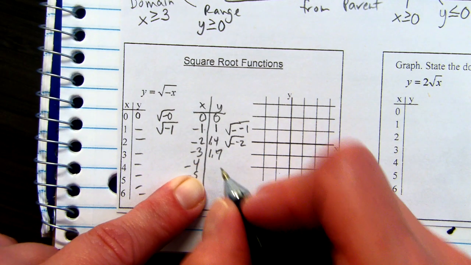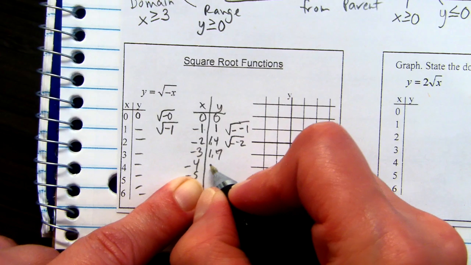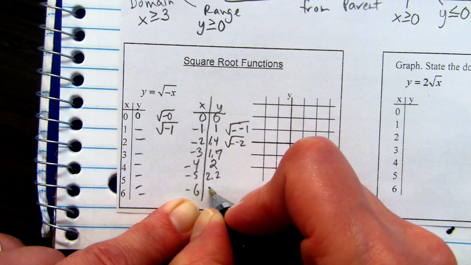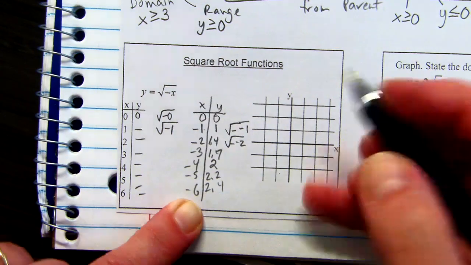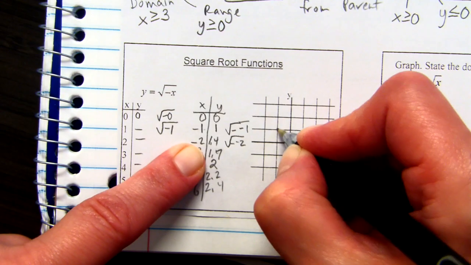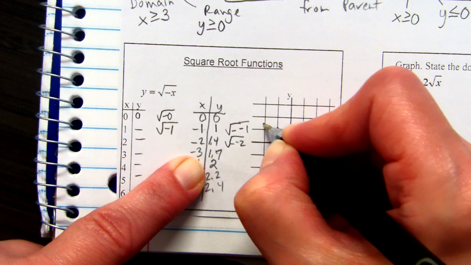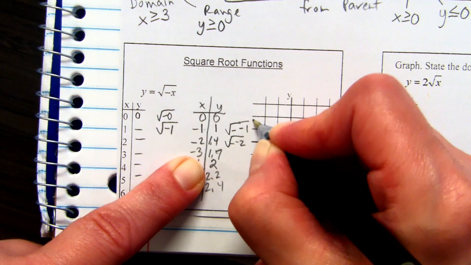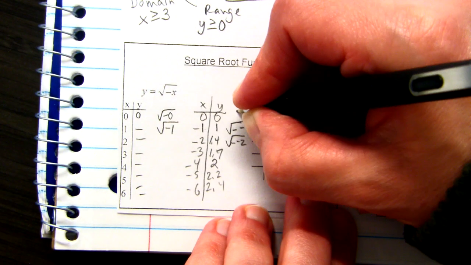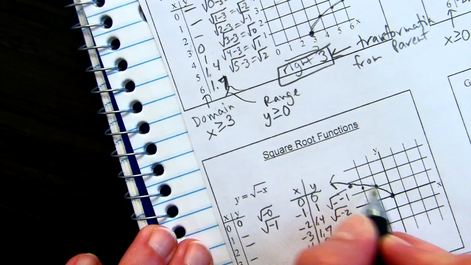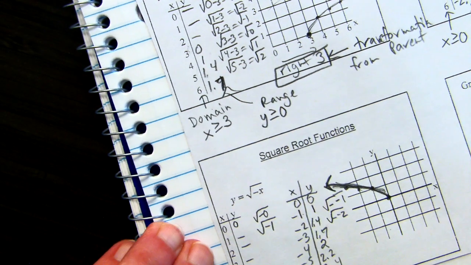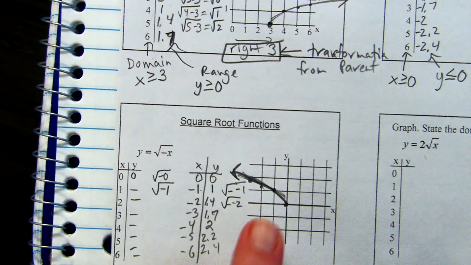Zero is fine, but the square root of negative 1 will just be the square root of 1. The square root of negative 2 is 1.4, then 1.7, then 2, 2.2, and 4. So what's going to happen now? We're going to have negative 1, negative 2, 1.4, 1.7, and it's now going off in this direction.